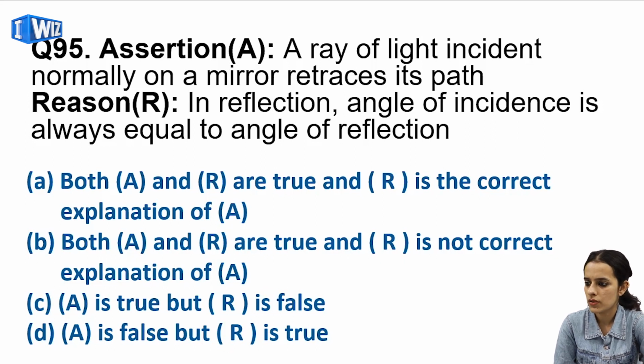Normally it will always retrace its path. In the first case we are talking about reflection and in the second one also reflection. Both are true, but the reason is not at all a correct explanation of the assertion. So B is the right option.